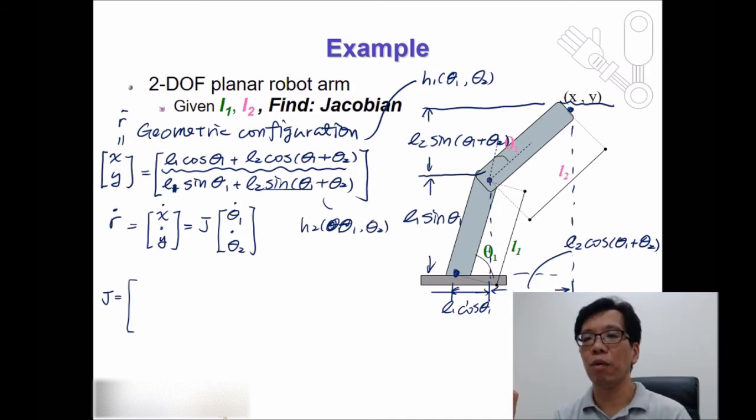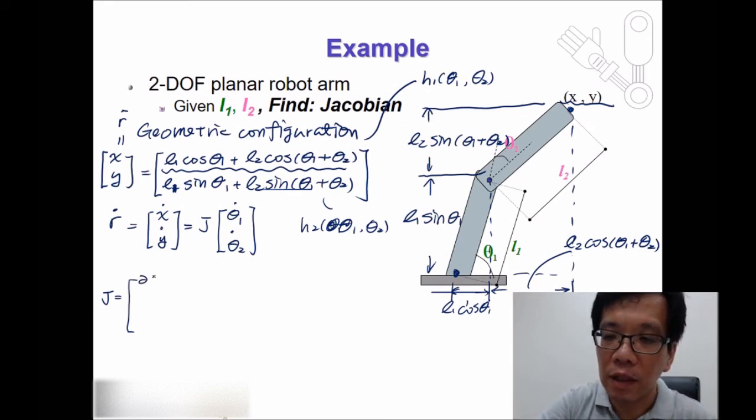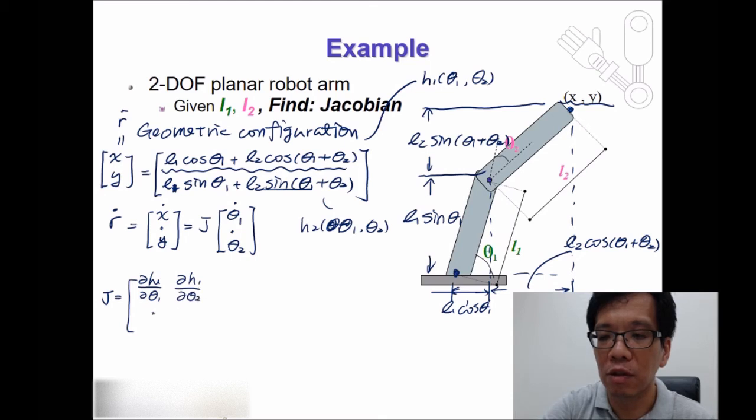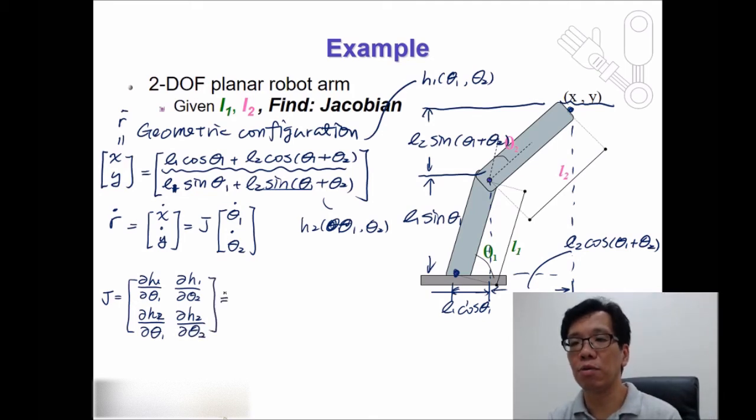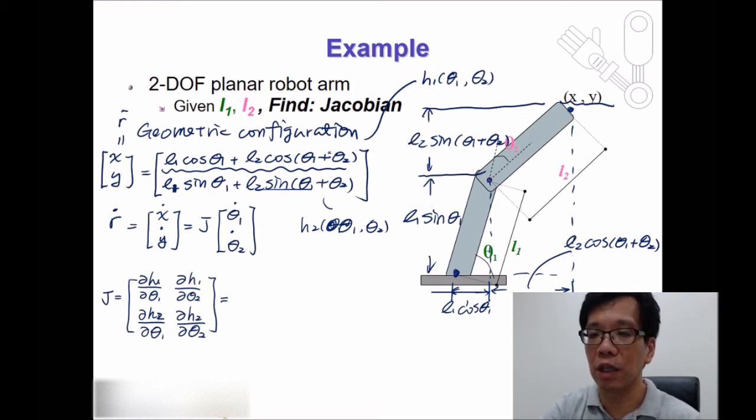When we have those defined, what we're going to do is find partial h1 over partial theta 1, partial h1 over partial theta 2. For the second row, it is partial h2 over partial theta 1, partial h2 over partial theta 2. And we have both h1 and h2 defined in the equations above.